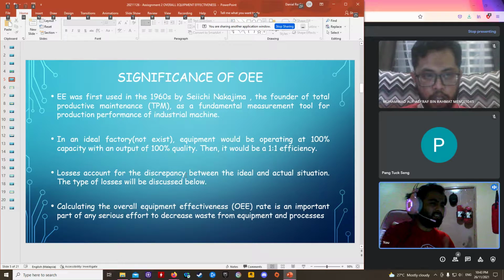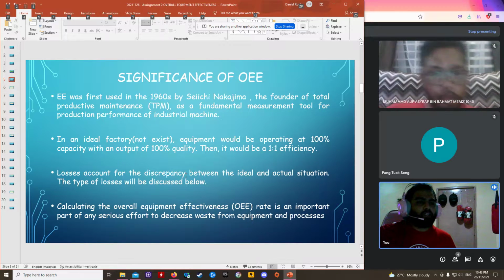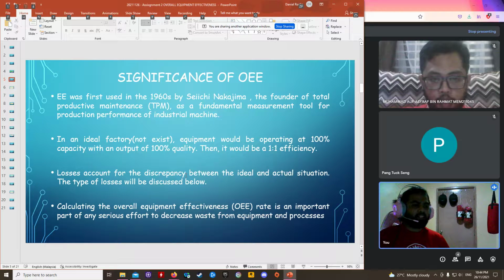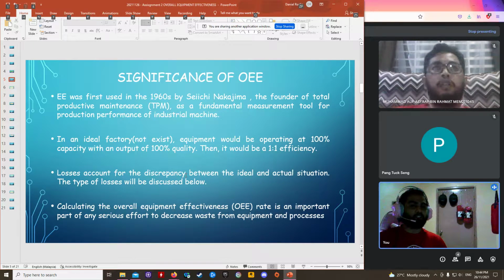So what is the significance of OEE? OEE was first used in 1960 by Seiichi Nakajima, the founder of TPM. In an ideal factory, the operation will be at 100% capacity and 100% quality, which means a 1-to-1 efficiency. That will never exist in real-world conditions.